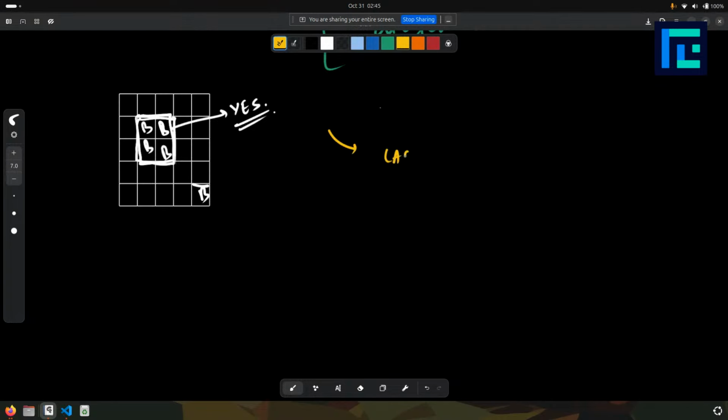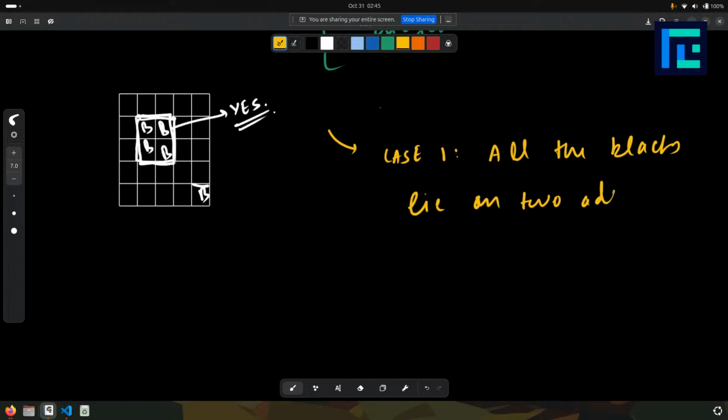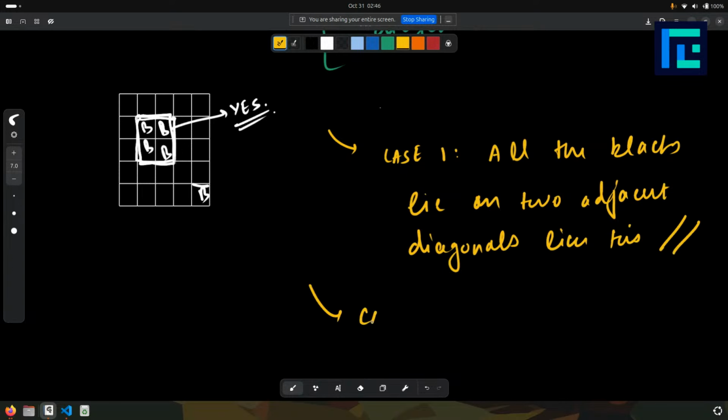Case 1: all the blacks lie on two adjacent diagonals like this. So basically they lie on diagonals like this.